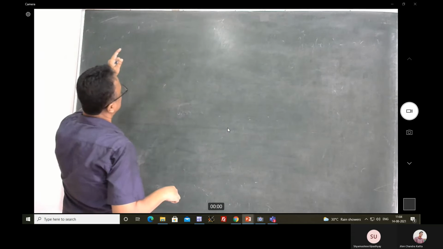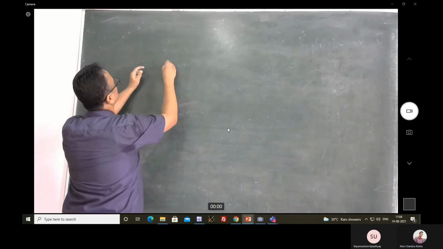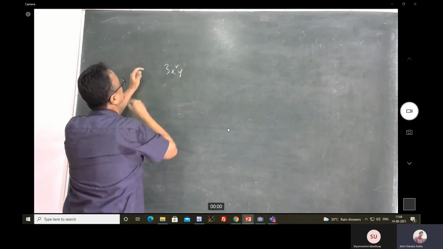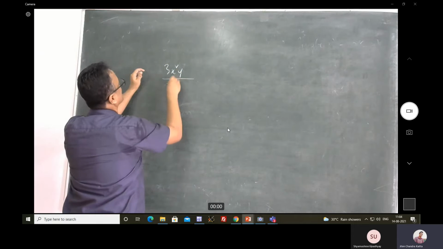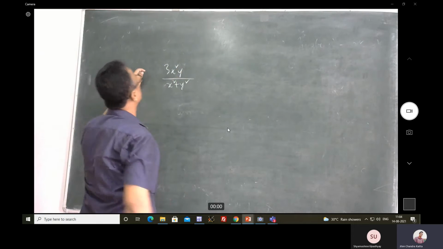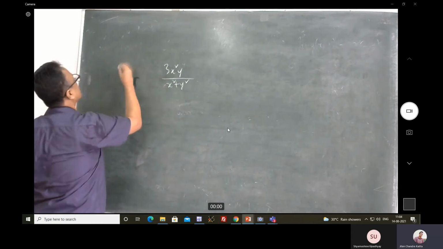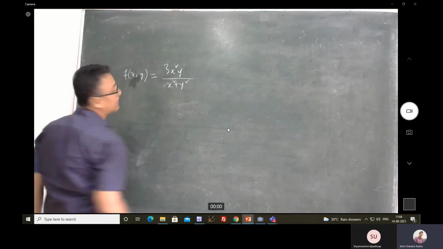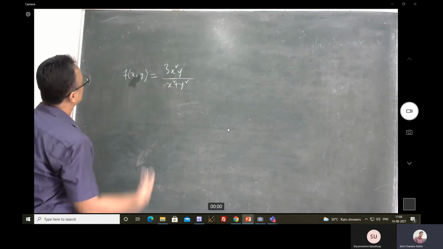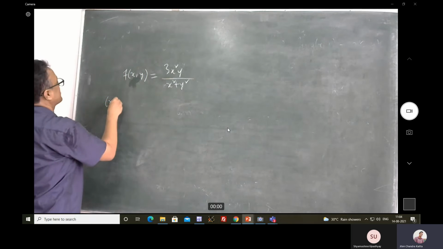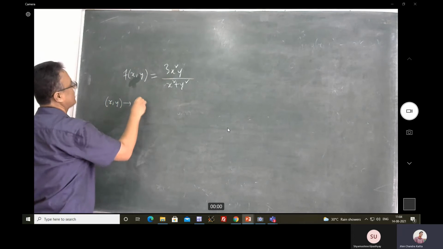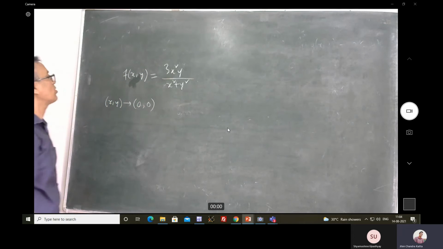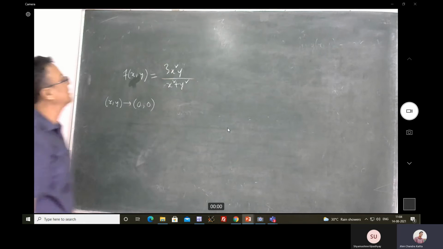Okay, so suppose I am considering this function, and suppose you have to find the limit as (x, y) tends to (0, 0).